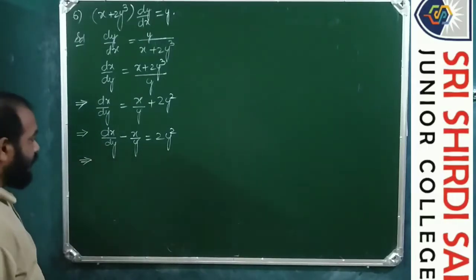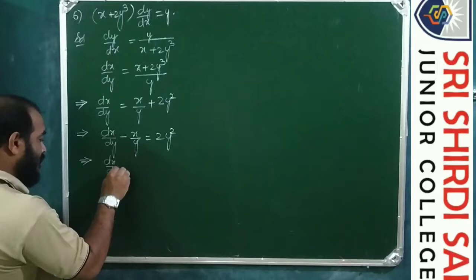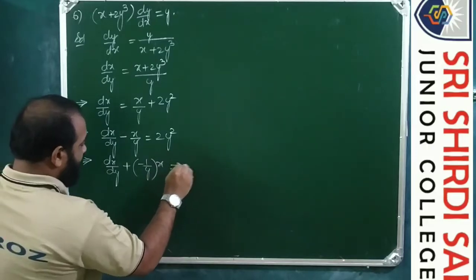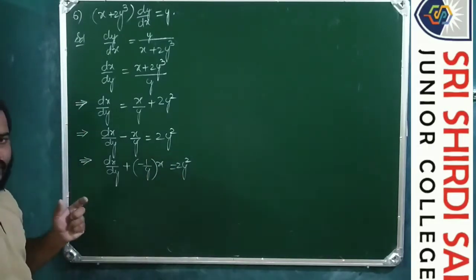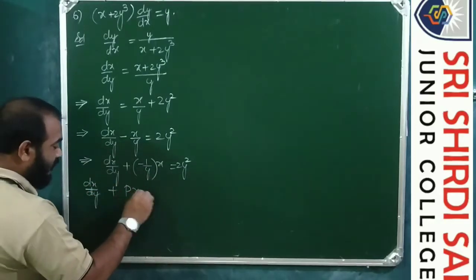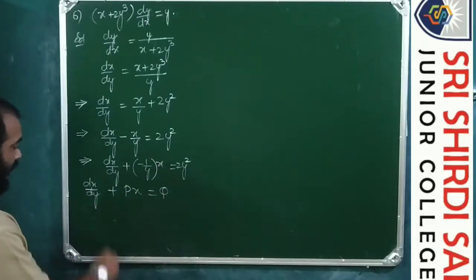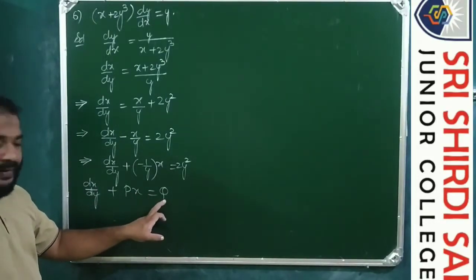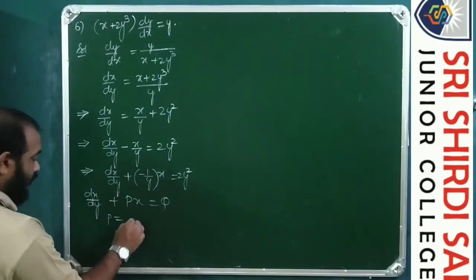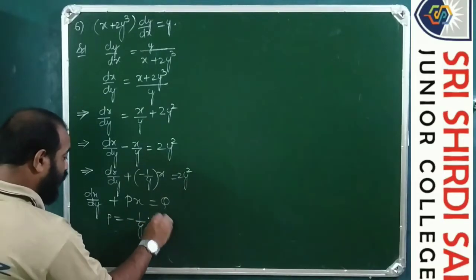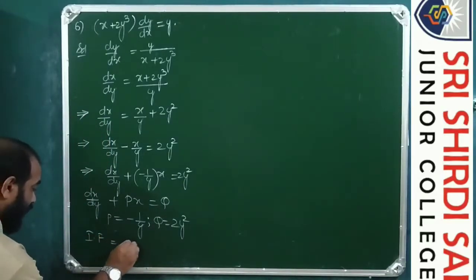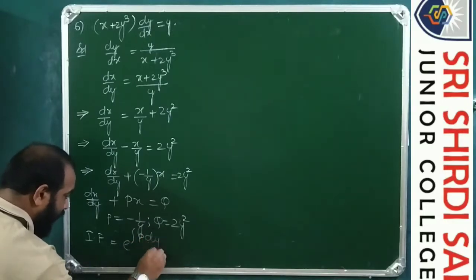So this is dx by dy plus minus 1 by y into x is equals to 2y square. Now this is of the form dx by dy plus px equals q, type 2, where p and q should be in terms of y. So obviously p is minus 1 by y and q is equals to 2y square. Now the integral factor is e power integral p dy.